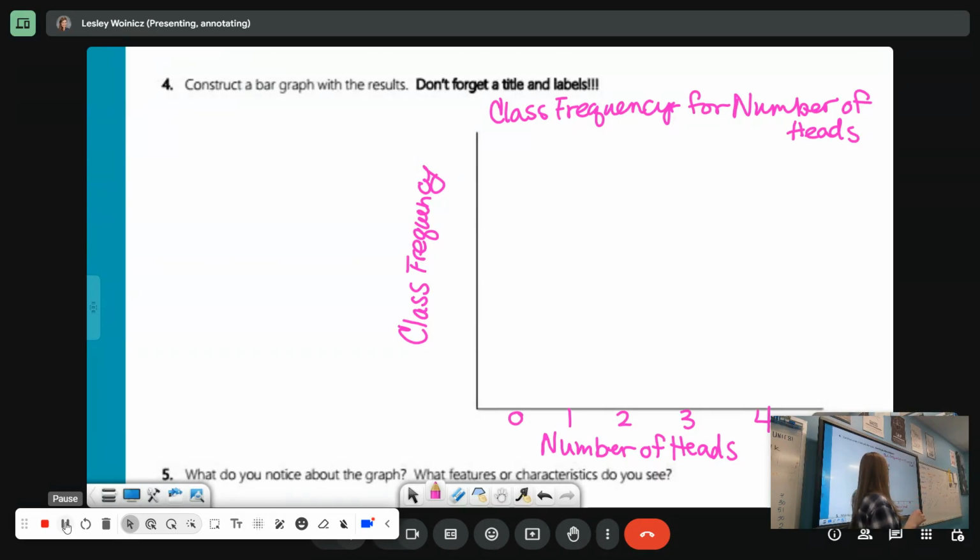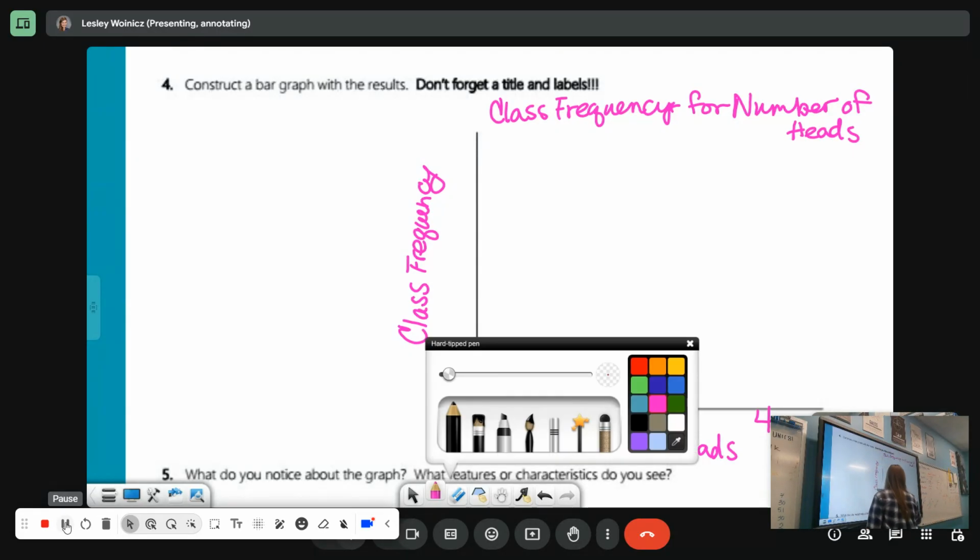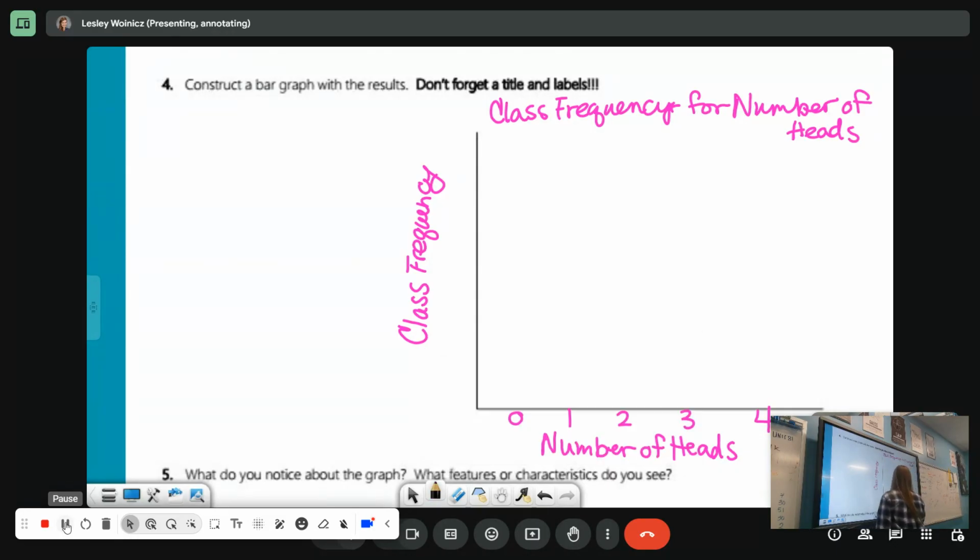So do I want to just count up to 20? No, that doesn't make any sense. Make sure you have room to go to 51. So I'm thinking we could count by tens. 10, 20, 30.